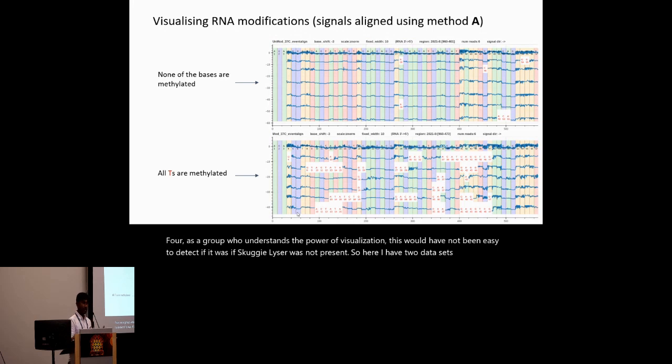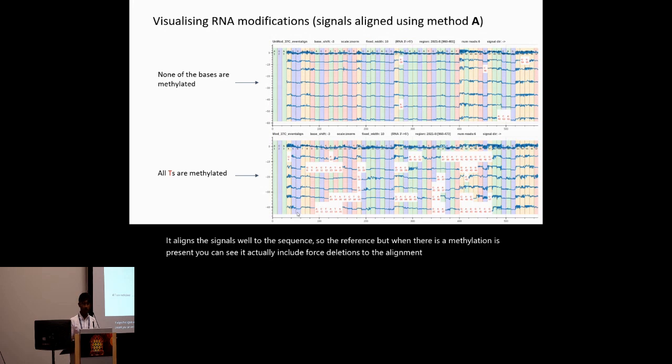One data set is methylated, where all the T's are methylated, and the other data set is a control sample, where none of the bases are methylated. We use a signal alignment method, which we call method A. You can see when the data set is non-methylated, it aligns the signals well to the reference sequence. But when methylation is present, you can see it actually includes false deletions in the alignment.